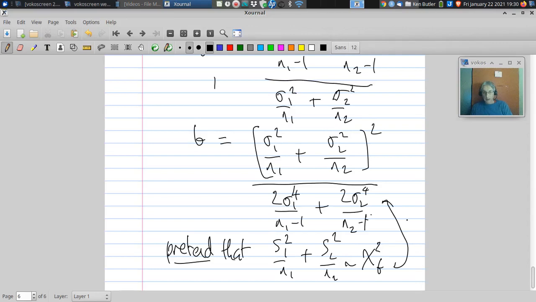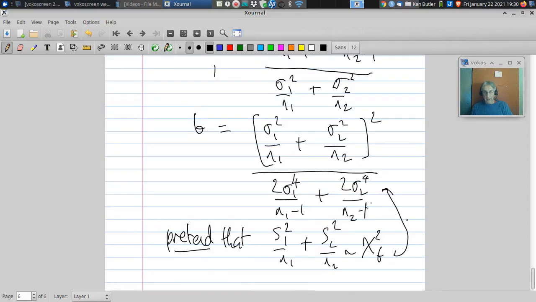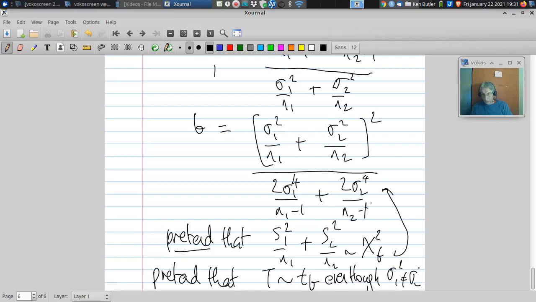And then if we can pretend that, then we are also pretending that T is approximately t distributed with b degrees of freedom, even though sigma 1 squared and sigma 2 squared are different.